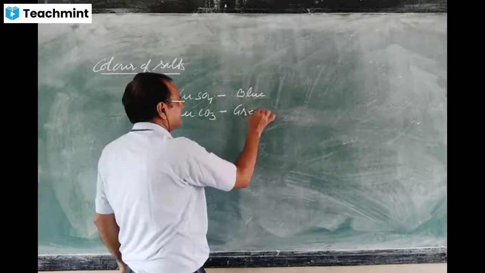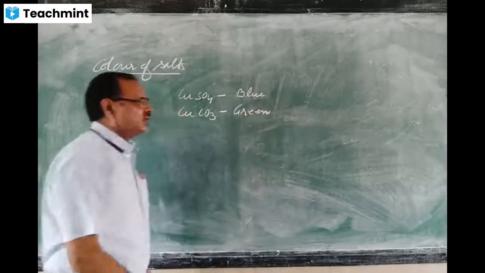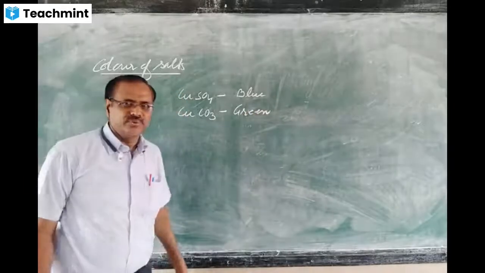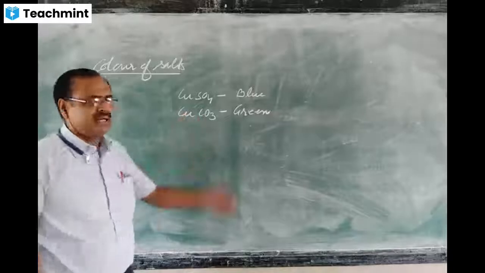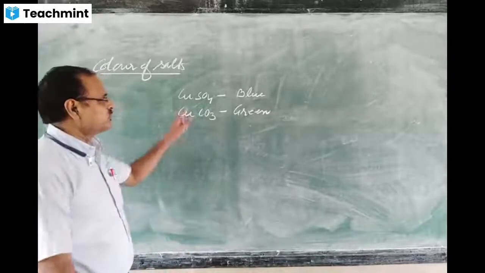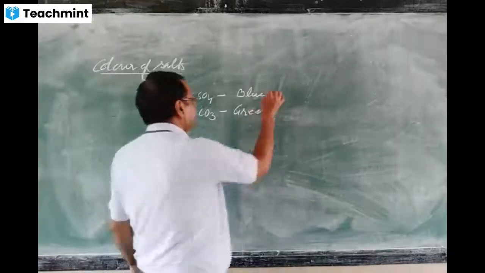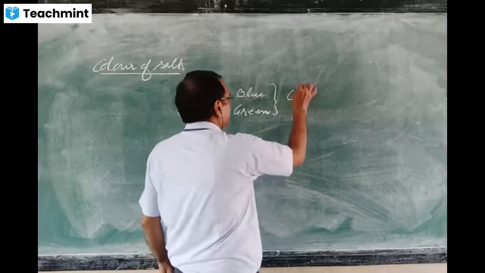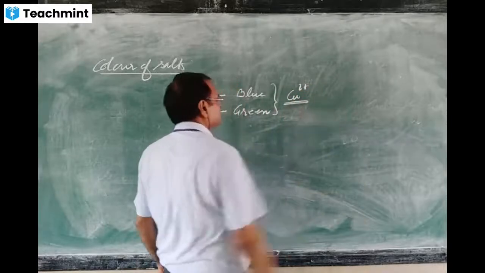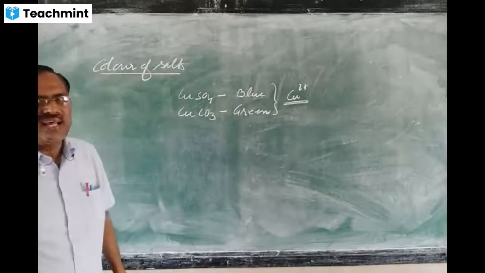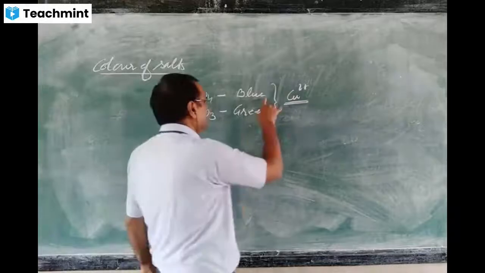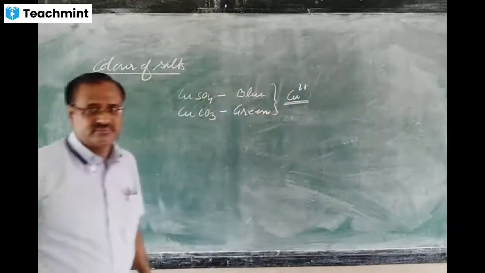This is green. Copper sulfate is blue in color and copper carbonate is green in color. So this blue or green color is there because of the copper ions. Copper ions are found in either blue or green color.